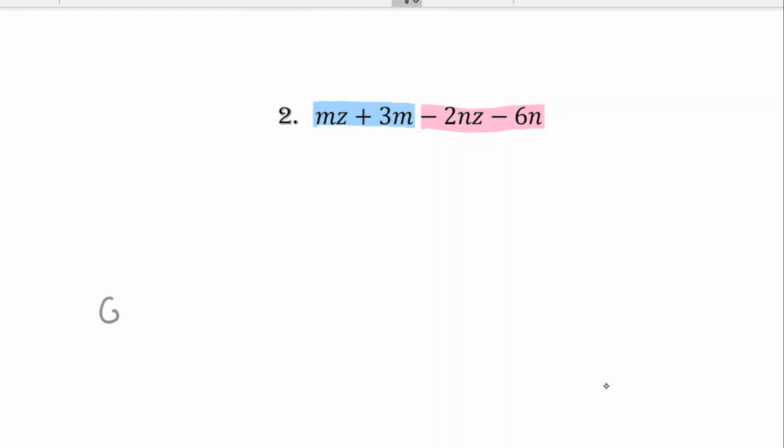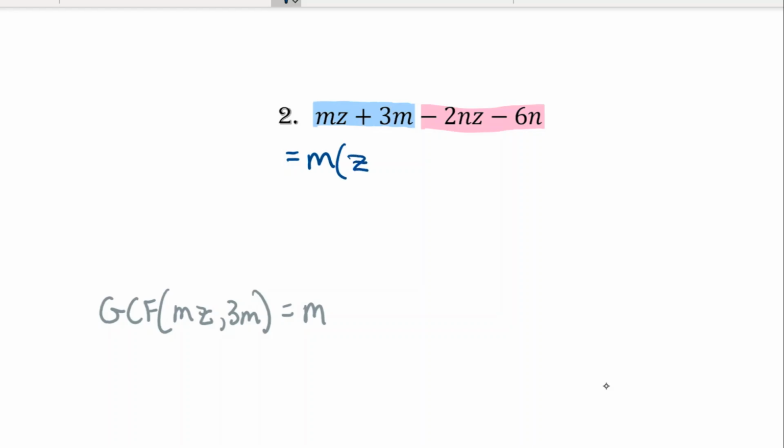So do the GCF of our first 2. And we get M is common in both, and that's it. So we are going to put that out front, and then think: M times what gives me MZ?